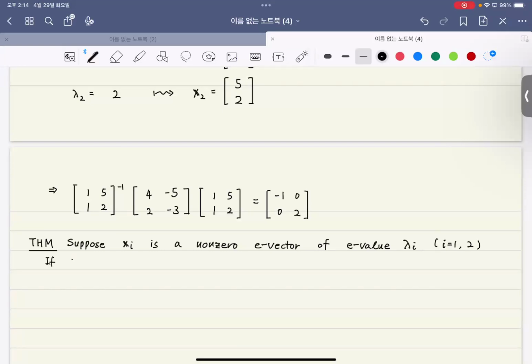If these eigenvalues are different, then x1 and x2 have to be linearly independent.